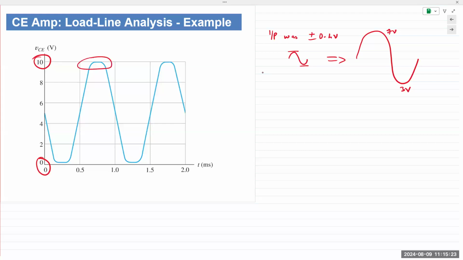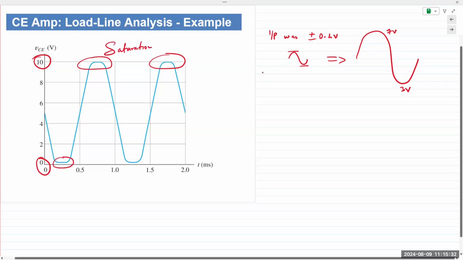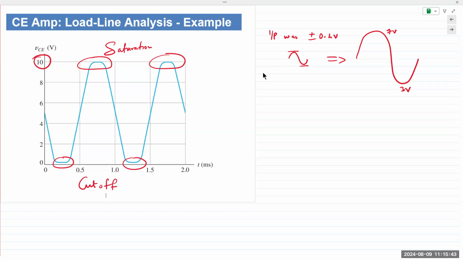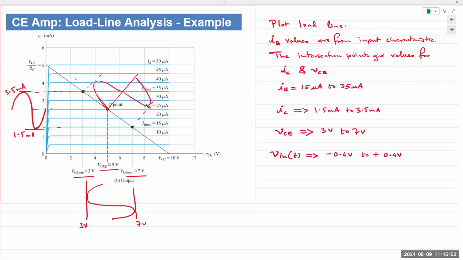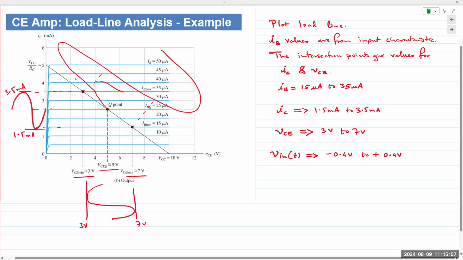Here, at the positive peaks, the transistor is being driven into saturation. And here, at the negative peaks, the transistor is being driven into cutoff. So even though we are biasing the transistor to work in the active region, it could potentially be driven into cutoff and saturation. As an example, let me show you here. If you had perhaps a large input like this, again, that's the standard input.